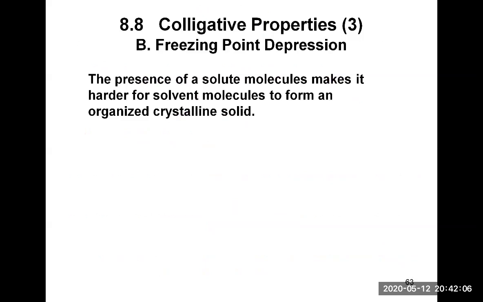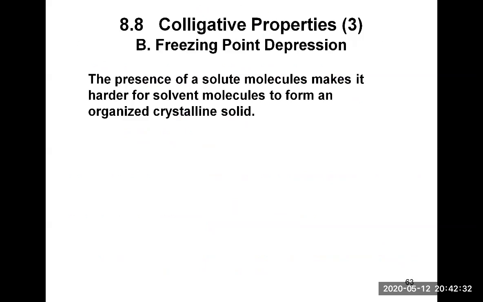So among the colligative properties, there is also the freezing point depression. Here, depression, you want to read that as lowering, the fact that it's lowered. The presence of solute molecules makes it harder for solvent molecules to form an organized crystalline solid.